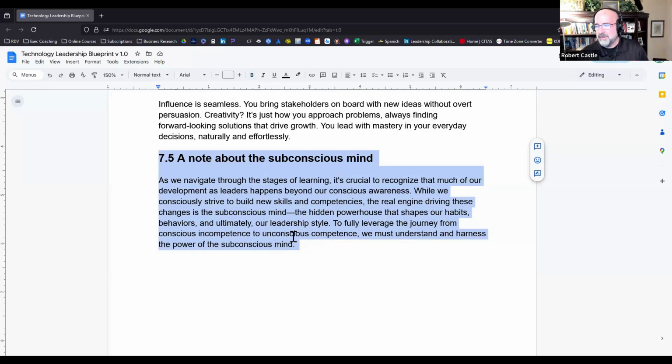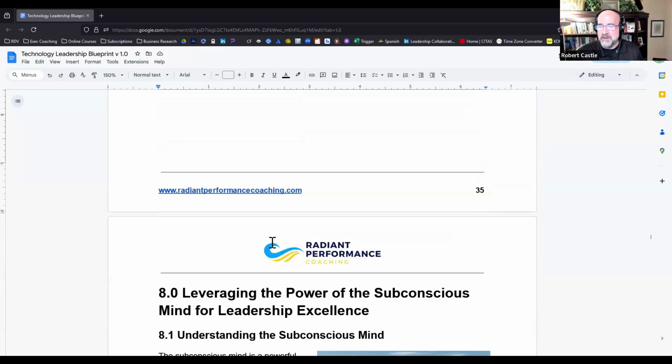To fully leverage the journey from conscious incompetence to unconscious competence, we must understand and harness the power of the subconscious mind.